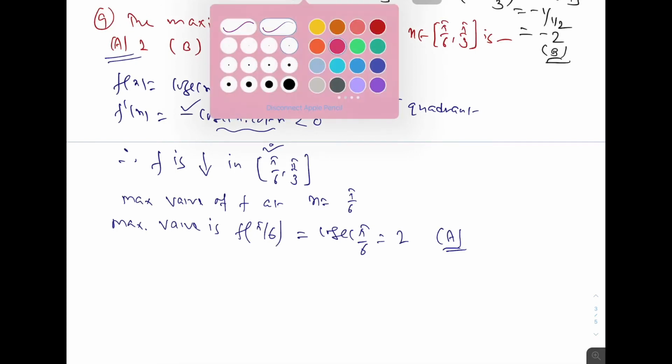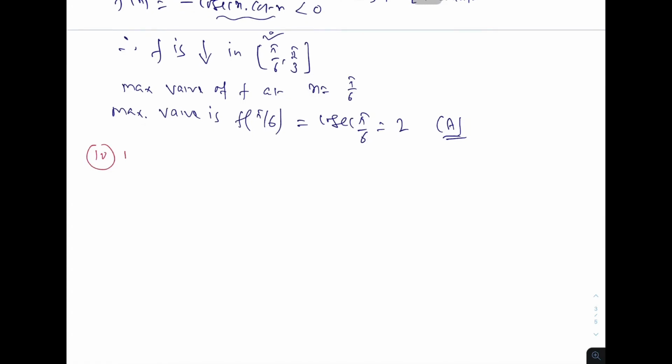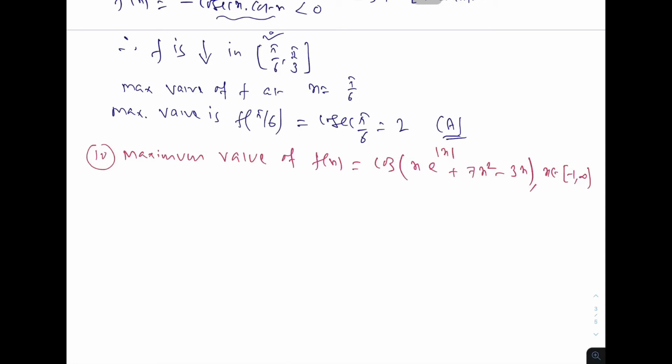Next, let us see the maximum value of f x equal to cosine of x, e to the power modulus x, plus 7x square minus 3x, and x is in the interval minus 1 to infinity, is blank.